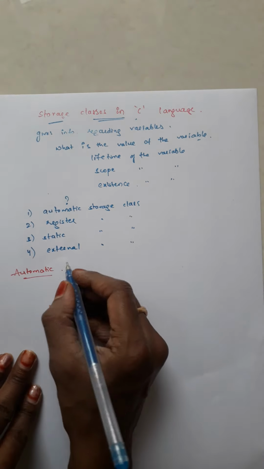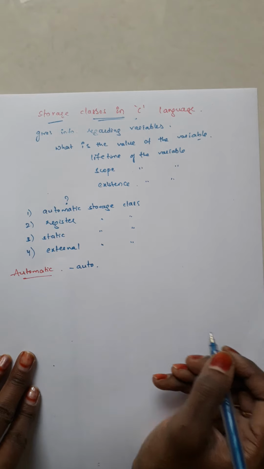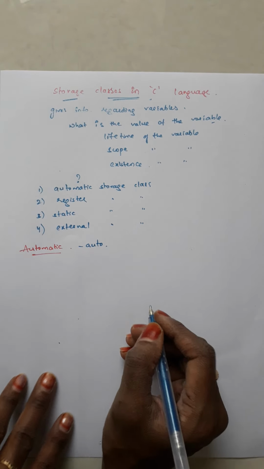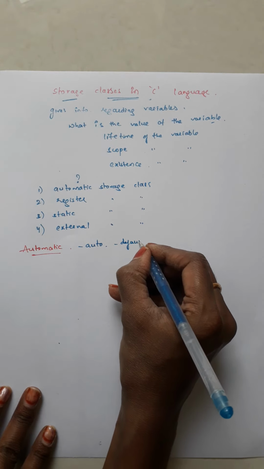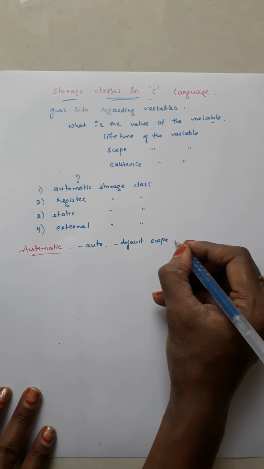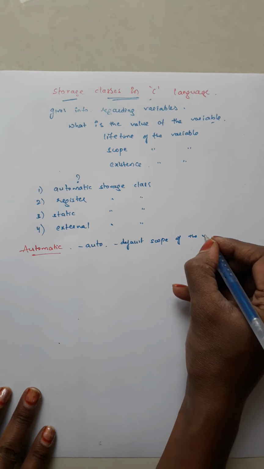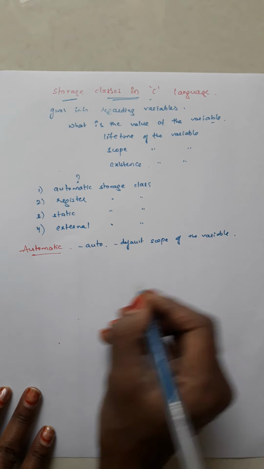Okay, now here we use the keyword auto. The default storage class of a variable is auto.